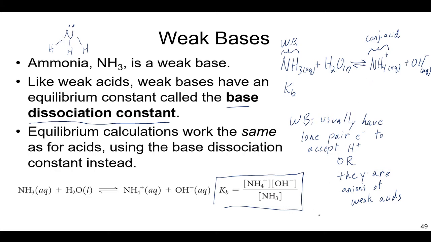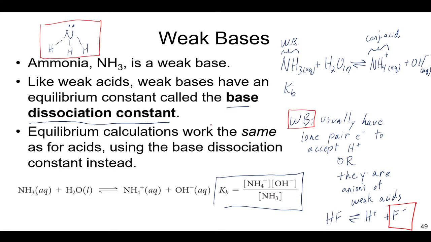If you had a weak acid like HF, which creates H+ and F-, this is what we're talking about right here. This F- would be a weak base. It's the conjugate base of this weak acid. It itself is then a weak base. So this can be a weak base, or something with a lone pair of electrons can be a weak base.